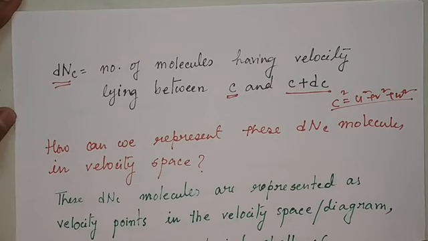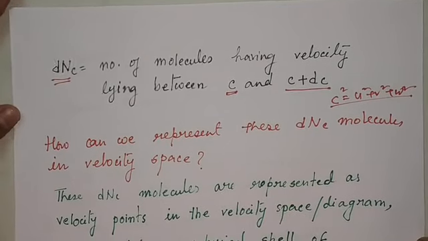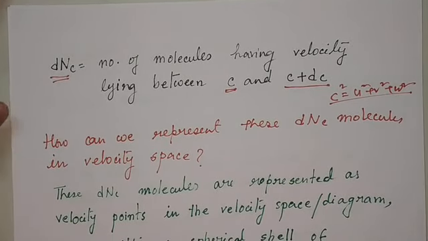So how can we represent these dnc molecules in the velocity space? So earlier, if you remember, we considered dn molecules which had their velocity components lying between u and u plus du, v and v plus dv, and w and w plus dw, and they were represented as velocity points in a cuboid of sides du, dv, dw.